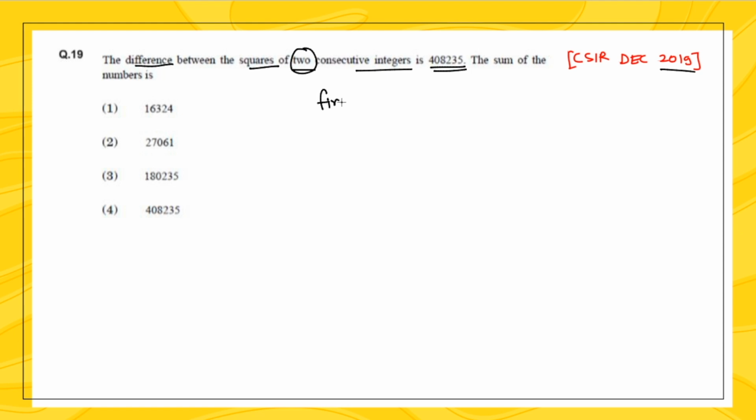So we will consider the first consecutive integer as x and the second consecutive integer as x plus 1. Now it says that the difference between the squares of them, difference means you have to subtract. So the square will be x plus 1 square minus the second one, meaning you have to subtract.